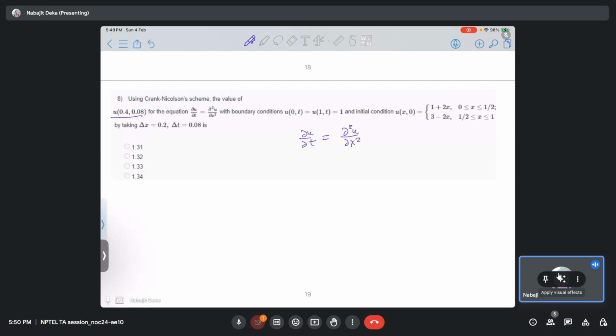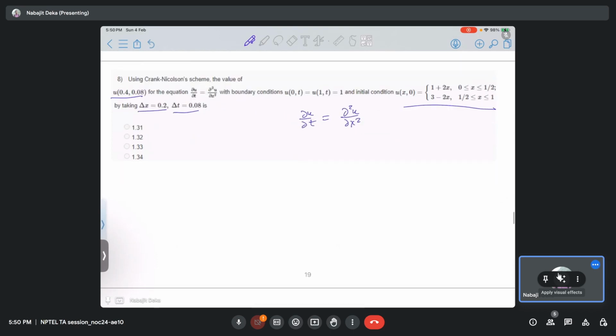The boundary conditions are given and the initial condition is given. The delta x is 0.2 and delta t is 0.08. So first of all, r is delta t by delta x square. So that is 0.08 divided by 0.2 square. So this is 2.